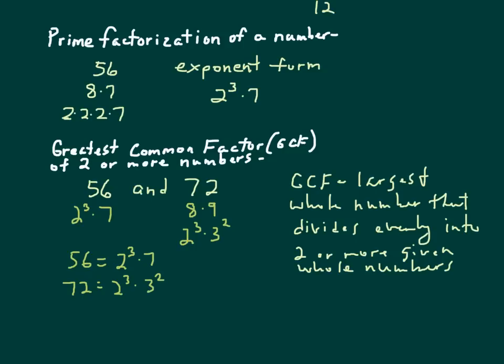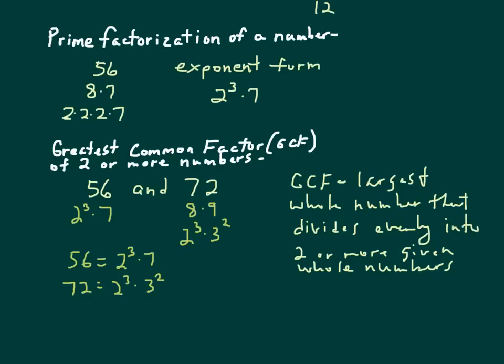Well, since 7 is a factor of 56 but not 72, that can't be a common factor, and definitely not the greatest common factor. And 3 squared is 3 and 9; those are factors of 72, but neither are factors of 56, so those can be ruled out. Then I have 2 cubed and 2 cubed, that's 8.